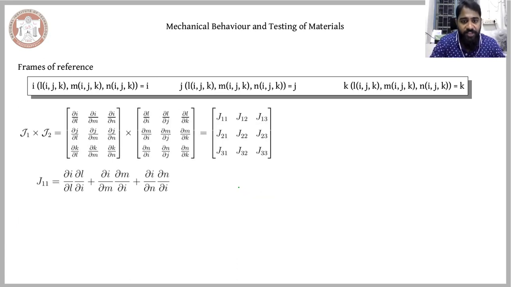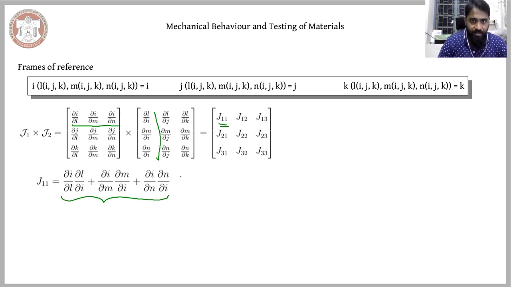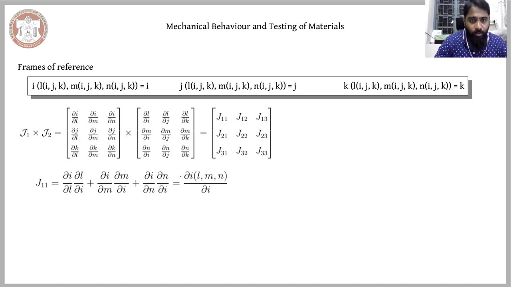Now the first entry J11 is nothing but the product of this row and the column here. So this is J11. Now what you essentially observe is that this expression, which corresponds to J11, can be seen as the chain rule expansion of this relation here.